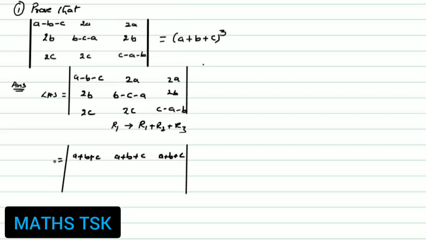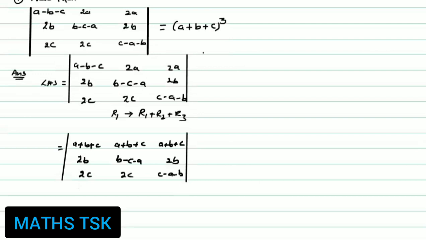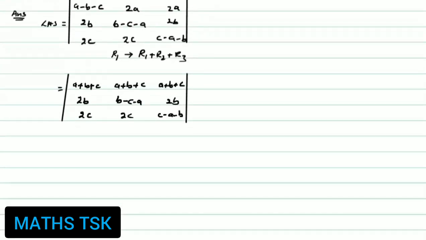Next row is common here. It is 2b, here 2b, b minus c minus a. Next it is 2c, 2c, c minus a minus b. Now, taking a plus b plus c common. When you take a plus b plus c common, there is an extra step here.